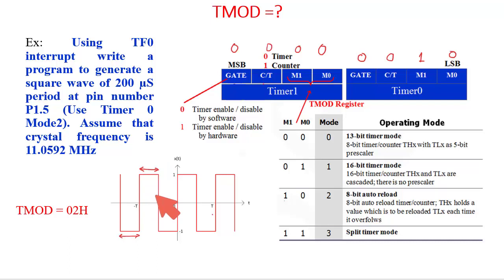So we need to create a particular delay here, from this to this and this to this also. As this is a square wave, the delay is the same. Now this delay will be created by the timer, and here we will use the timer 0 overflow flag as interrupt.